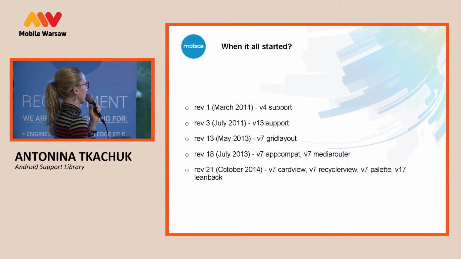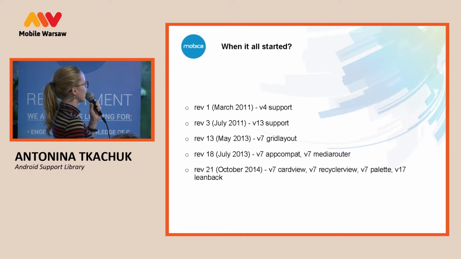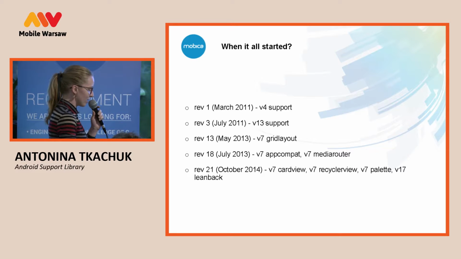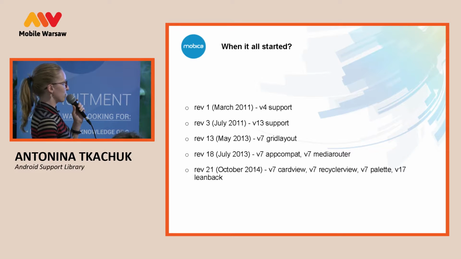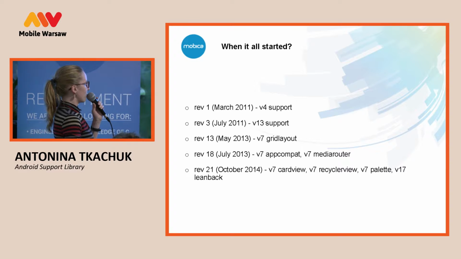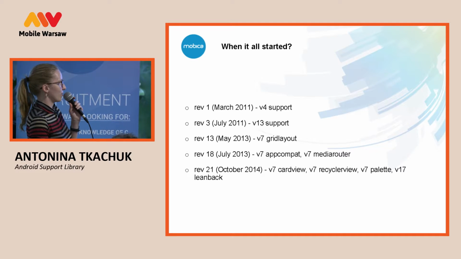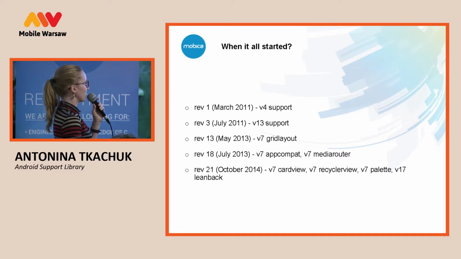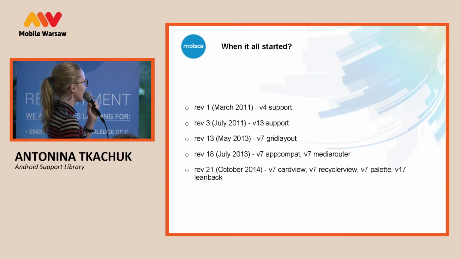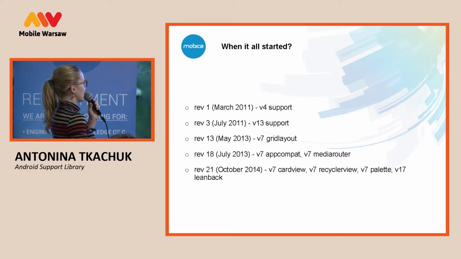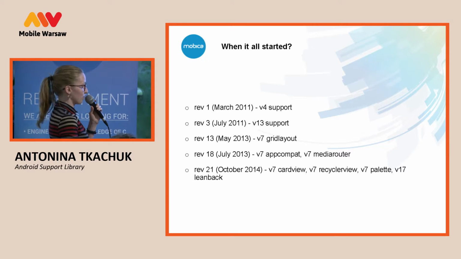And of course, many developers wanted to use fragments there as well. On the Android developers blog, you can still find a post where they release the Android compatibility package, as it was called at the beginning. It was quite small, just a single package, really just compatibility stuff, nothing else.